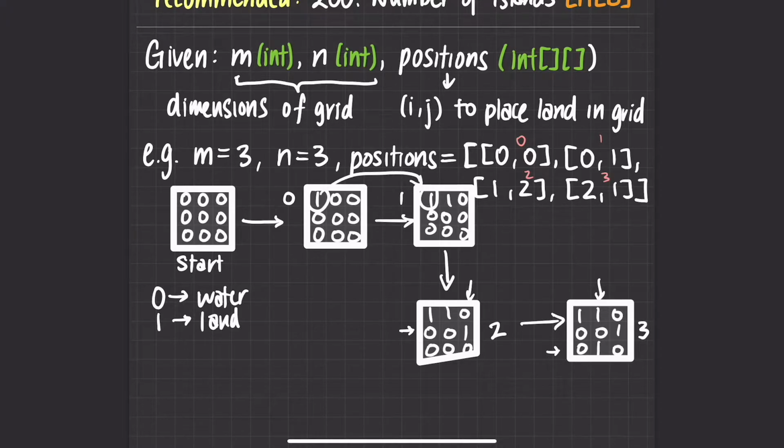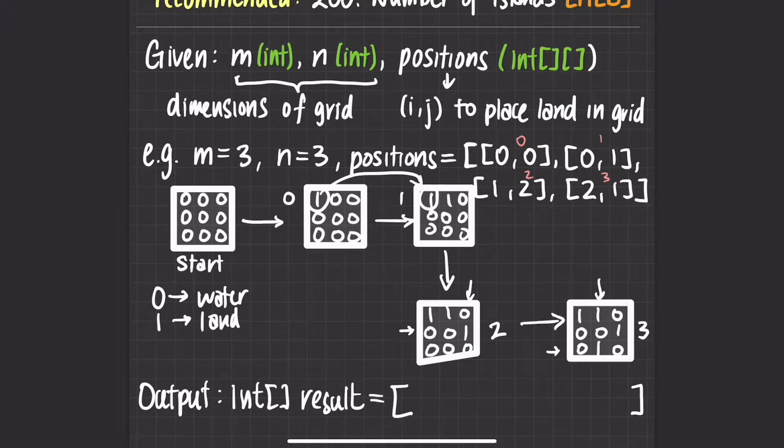Right, so what you're expected to give as an output is an array of integers of the length of positions. Let's call this result. So we're supposed to return an array with 4 items here, each one representing the state of the grid at the corresponding index.